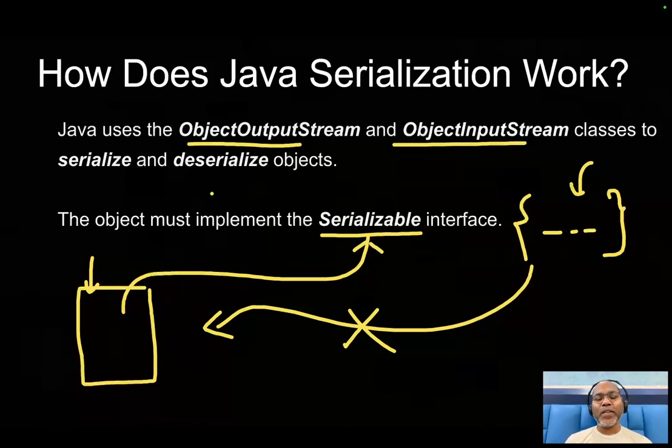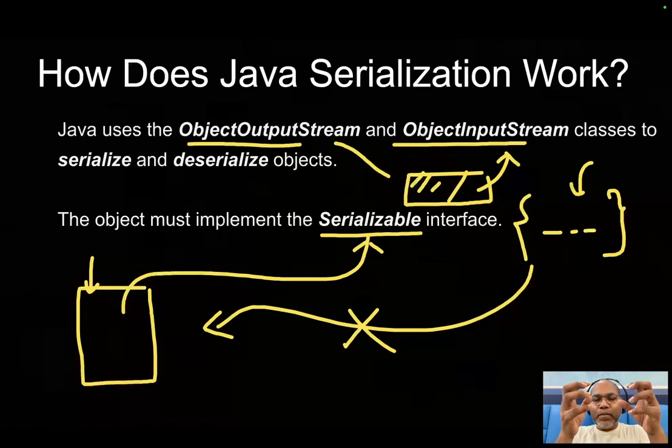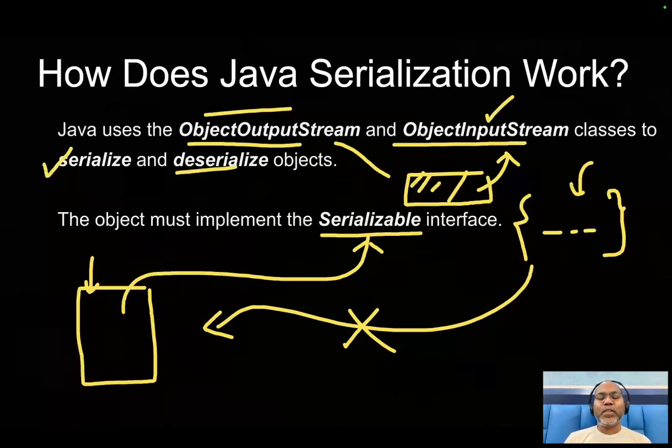Sometimes you want to write to a particular file or send something, and that time these classes help us write the object state in a file, and the input stream helps read from the file. So whenever you are going to store the object state in a file or send it somewhere, that time ObjectOutputStream is used for serialization and ObjectInputStream for deserialization.